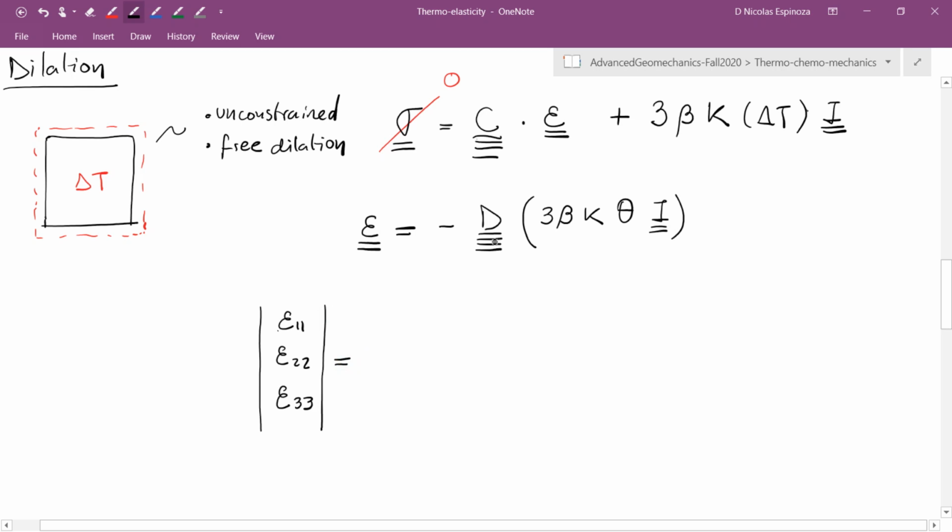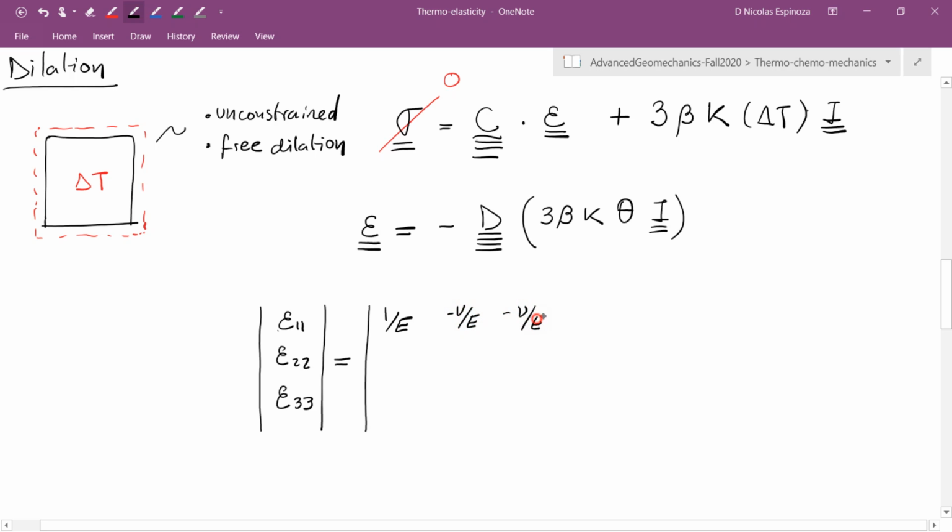These are going to be equal to the negative of, well, let me move this negative later to the other term, the compliance matrix, something that we have seen already, and here I'm assuming an isotropic solid.